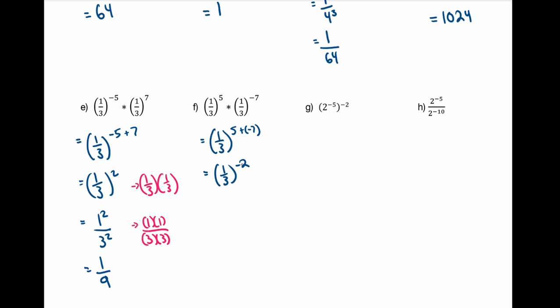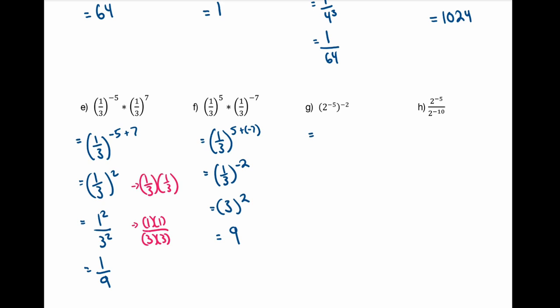Now I have a negative exponent. I am down to a single power though, so I can change this to a positive exponent. In order to do that, I need to flip my base. In this case, I'm flipping my fraction. It becomes 3 over 1, or 3. And now my exponent changes to a positive 2 instead of a negative. I can evaluate 3 squared, and I get 9.